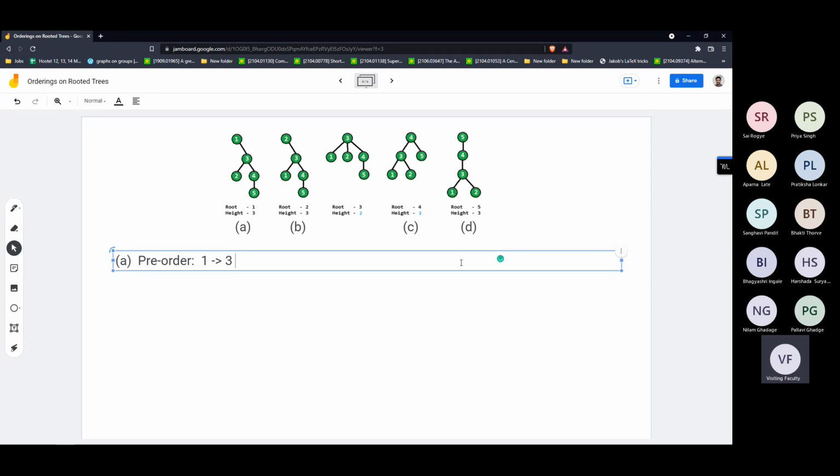Then 3's left subtree is 2, so we'll write 2. Very good. Then 4, the root of the right subtree, and then 4's left subtree is 5, so we'll write 5. Okay. Fine. Good.